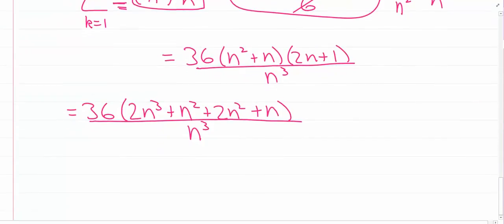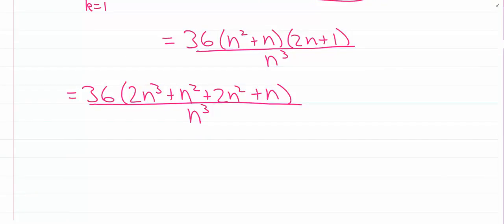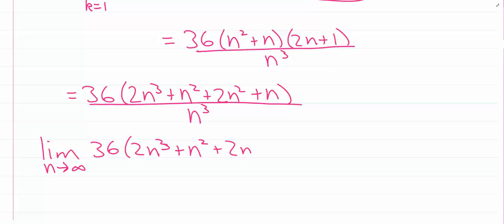Now, let's look at this. What if we let the number of rectangles go to infinity? Let there be an infinite number of rectangles. Well, we know how to evaluate that, right? This is a limit to infinity, and I should have combined those, although it doesn't matter.